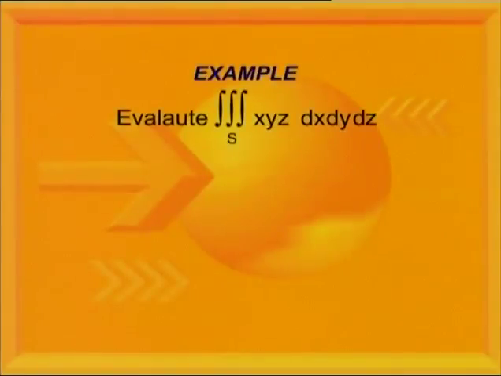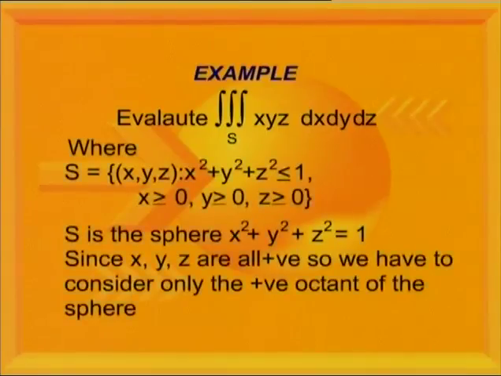Triple integral of the function xyz with respect to x, y, z over the region S, where S consists of the points (x, y, z) satisfying x² + y² + z² ≤ 1, and where always x > 0, y > 0 and z > 0. First of all, we analyze this region S.